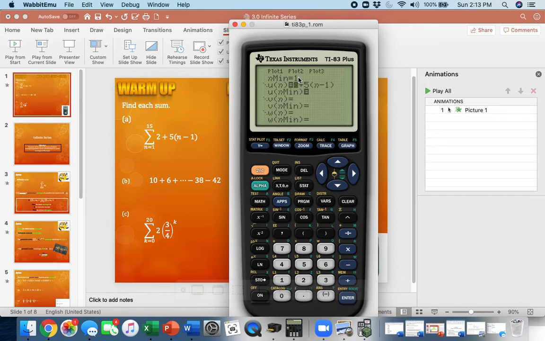The default is to start the n minimum at 1, and then I put the sequence rule in here. And then look at my window, right? My index is starting at 1. I stopped my index at 20, even though I wanted to go to 15, right? But I made it go a little bit past.